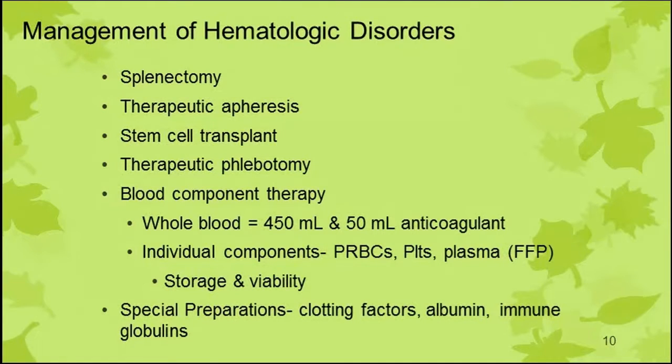Platelets are usually kept at room temperature. Well, they're kept in the refrigerator until we're ready to use them, and then they're going to warm them up, because if you don't warm them up, they stick together. They're platelets. They're going to clump together. So they have to be at room temperature before we give them to the patient.